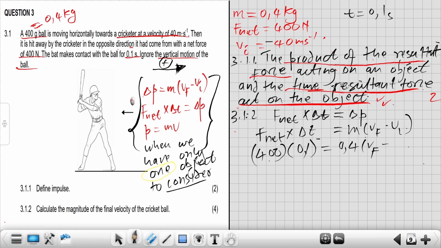V initial is given. So V initial is in an opposite direction to our choice of direction, so it must be minus 40 meters per second. Then when we do the mathematics and solve this problem, we'll eventually find that VF is something like 60 meters per second.